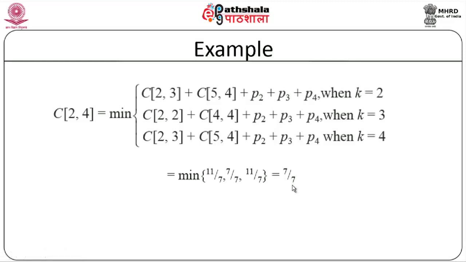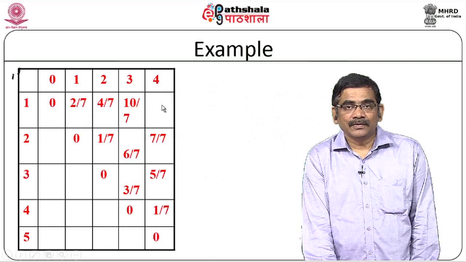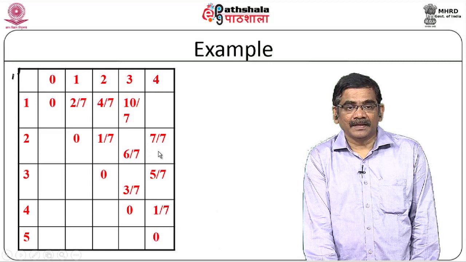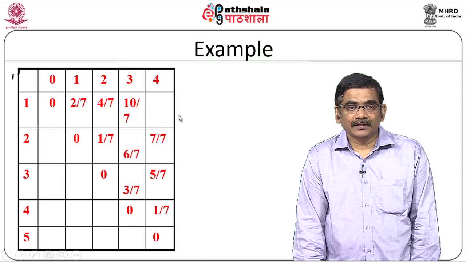Now we can enter that into this particular table. It is going to be 10 by 7 for between 1, 2, 3 and similarly 7 by 7. Now we have to find out only one thing, that is 1 comma 4, that is our goal.